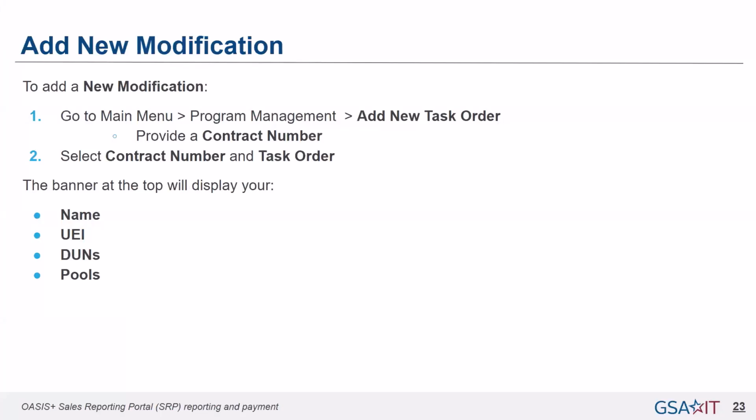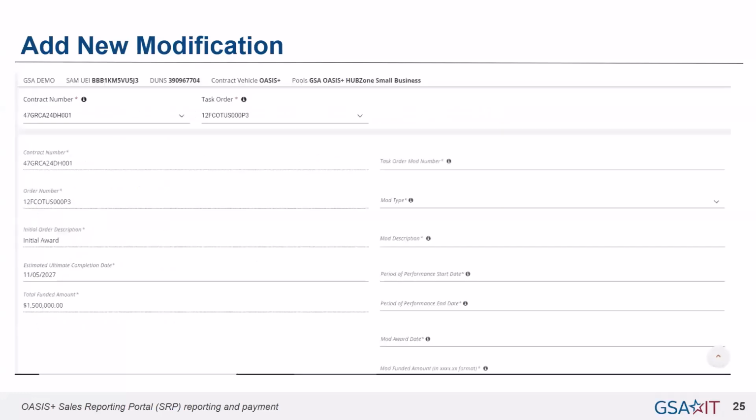Task order modifications, very similar process. So this is the file path on how to add a new mod. And the page looks a little bit different. You'll notice the left-hand column for adding a mod is the base task order information, and the mod information actually goes on the right-hand column, right?